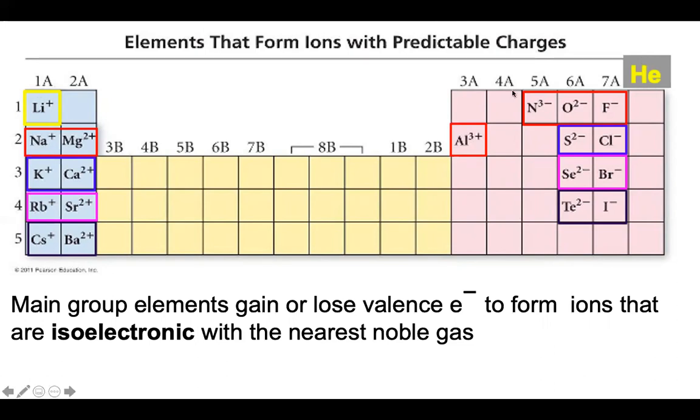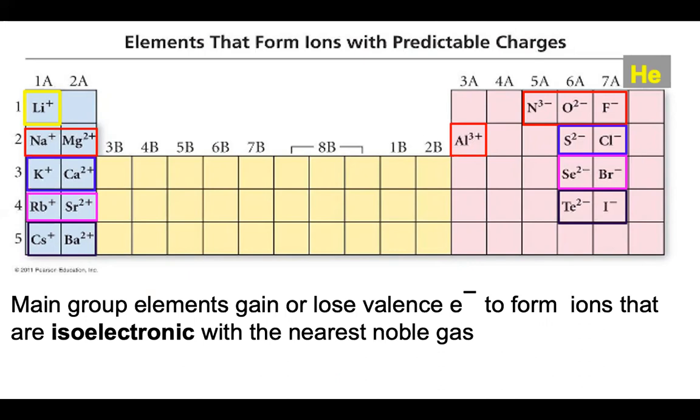If we think about N3-, O2-, F-, as well as Na+, Mg2+, and Al3+, they're going to be isoelectronic with neon. S2-, Cl-, K+, and Ca2+ are going to be isoelectronic with argon, and so forth.